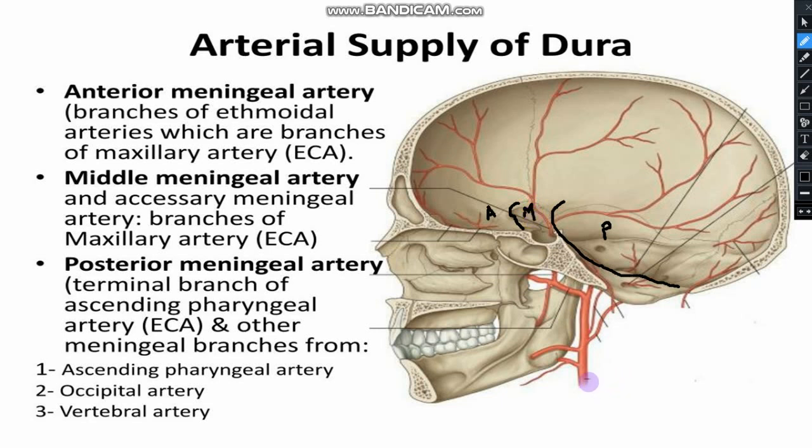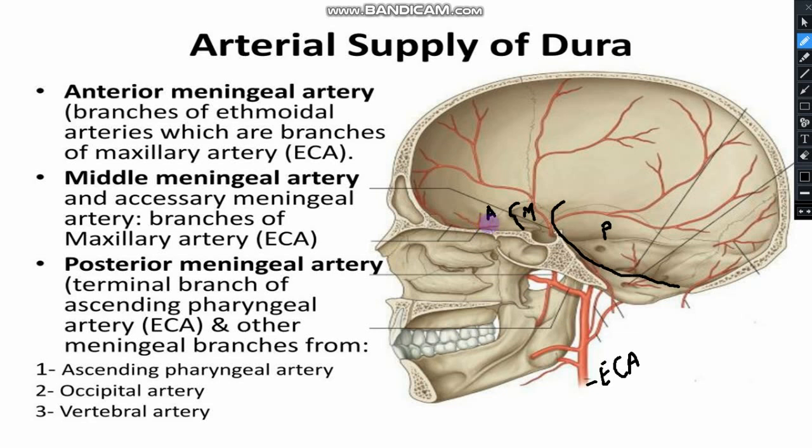See, this is the external carotid artery. Now this external carotid artery, as it ascends and gives a branch, this branch is the anterior meningeal artery, which enters the cranium. The anterior meningeal artery is a branch of the ethmoidal artery, which are branches of the maxillary artery.